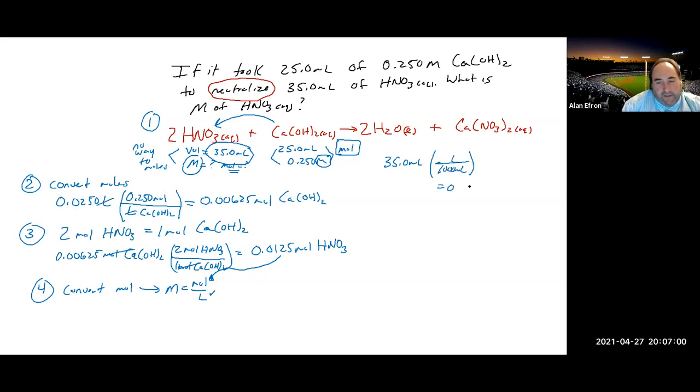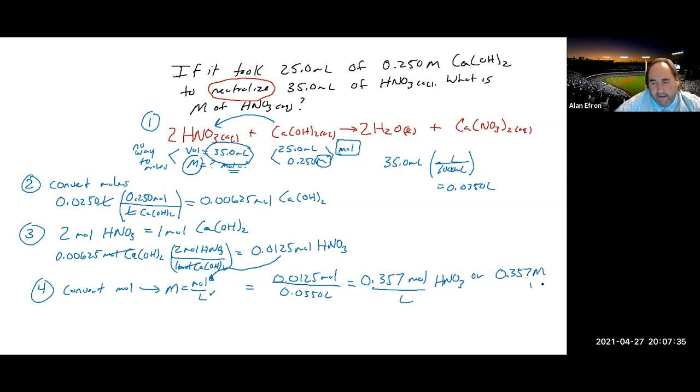That gets us 0.035 liters. The final move is to take the moles we just calculated, divided by the volume of nitric acid converted into liters. If we do that, we end up with 0.357 moles per liter of nitric acid, or you could write 0.357 big M nitric acid.